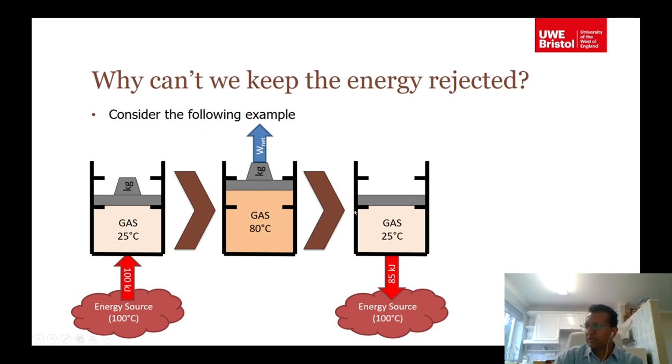So when it comes back, what happens actually is it has lost some energy. When the 80 degrees Celsius gas comes back to 25 degrees Celsius, it will reject heat to the energy source back again. But that is not the same 100 kilojoules that was given. It has used some 15 kilojoules to do the work.